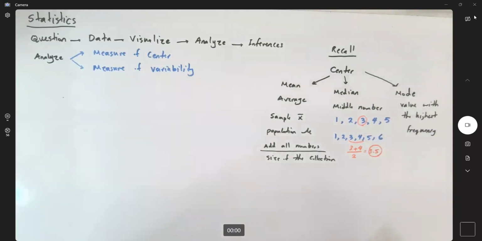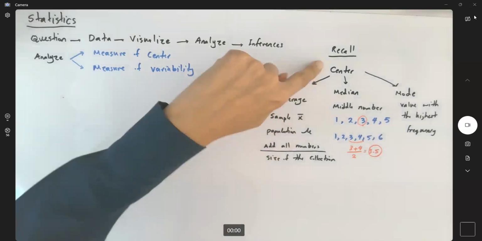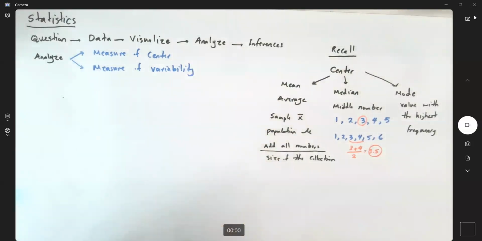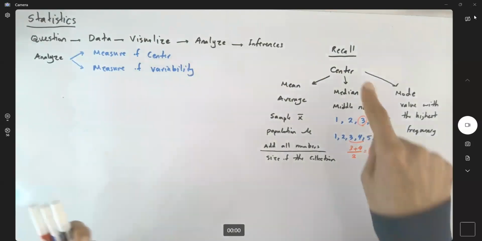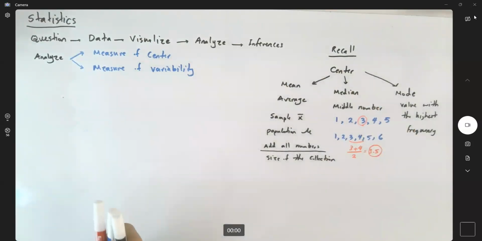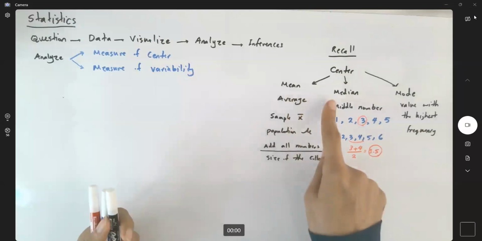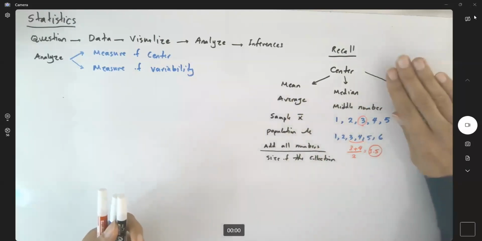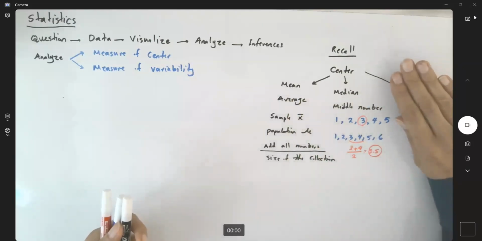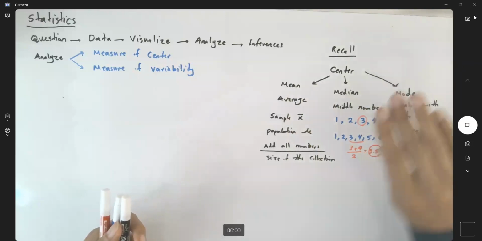Just note that not all data have mode. So this is the review of the center. If somebody asks us, find the center of the data, we can find the mean, median, mode, but remember that sometimes the data, they don't have the mode.